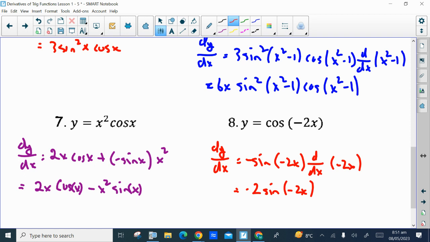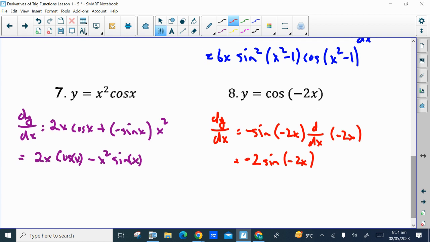And there's your derivative. Oh, because there was a negative there originally, yes.